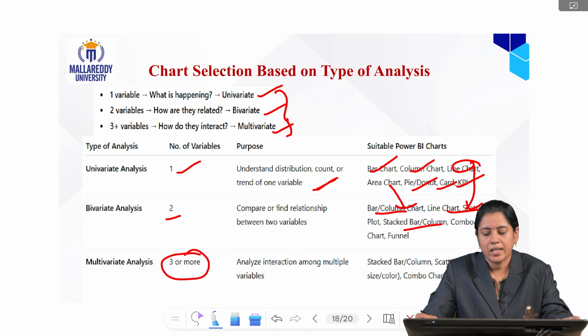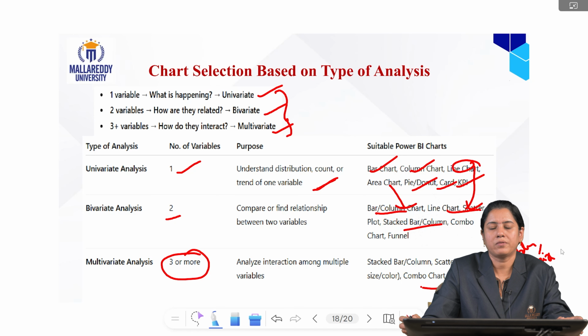Multivariate means more than two variables: we can draw line charts with three variables, area charts also, and matrix, maps and tables. Mainly tables and matrices are used for multivariate analysis.